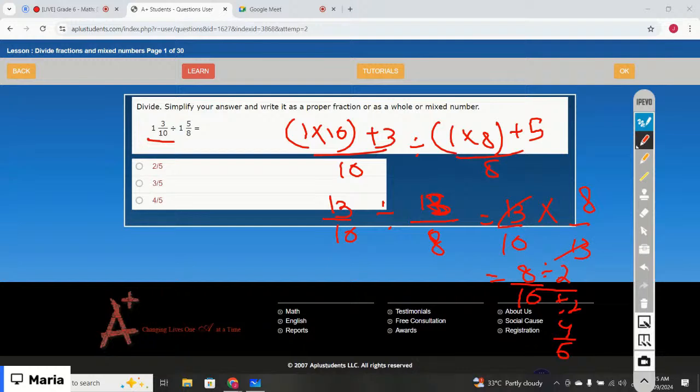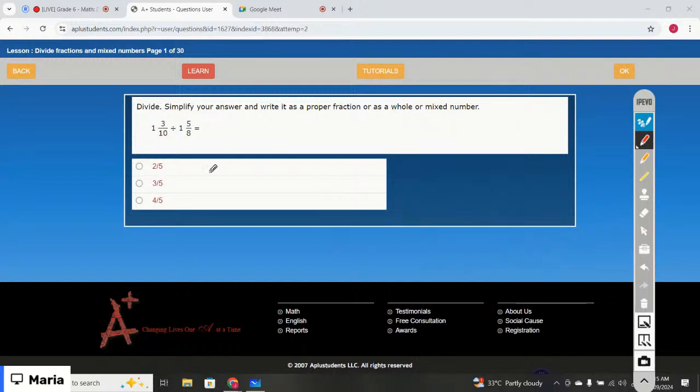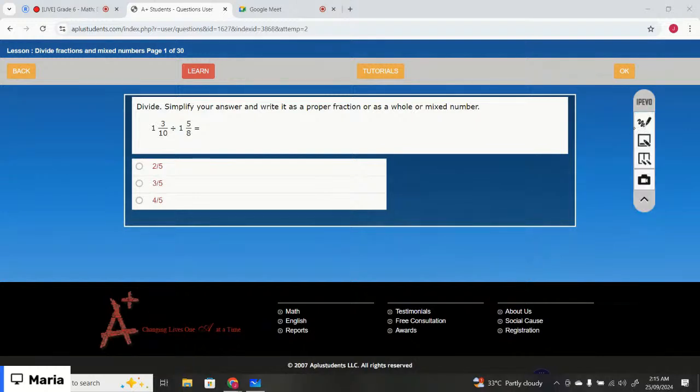So the correct option is 4 over 5. Option number 3 is the correct option.